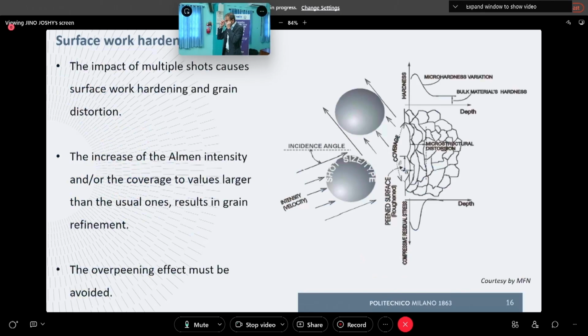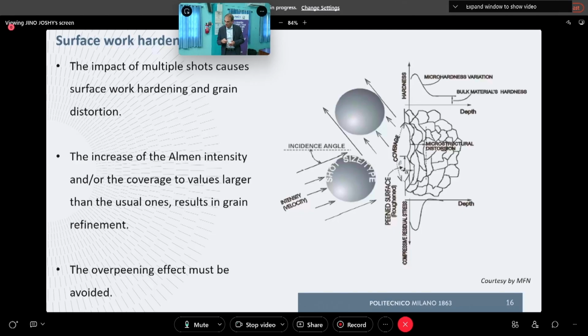It's true that if you are increasing the Almen intensity to induce grain refinement, we can also induce overpeening or surface damage. So if you want to go with grain refinement, it's better to think to increase the coverage, even if this makes the treatment more time-consuming and so more expensive.